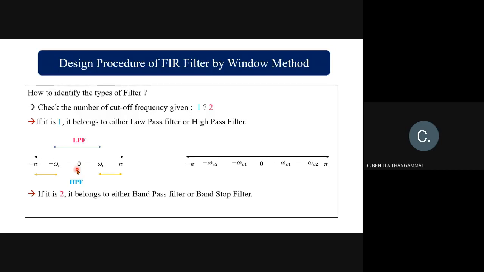If the frequency response is defined for the range of minus omega c2 to minus omega c1 and omega c1 to omega c2, then the filter is said to be a band pass filter. Suppose the filter is defined for the range of minus pi to minus omega c1, minus omega c1 to plus omega c1 and omega c2 to pi, then the filter is said to be a band stop filter or band reject filter.